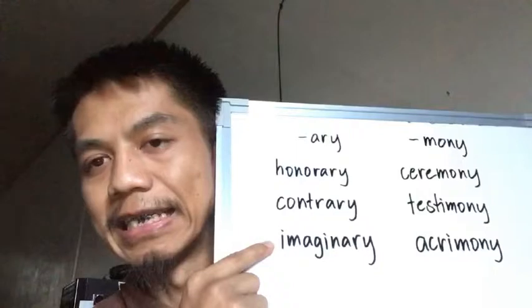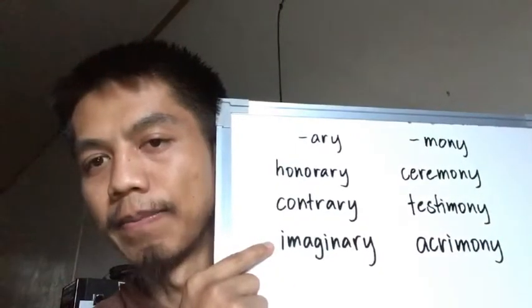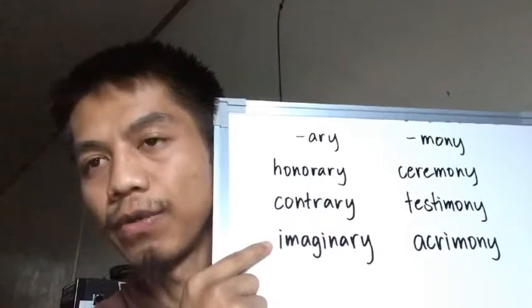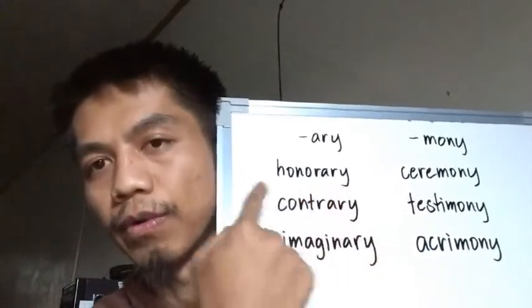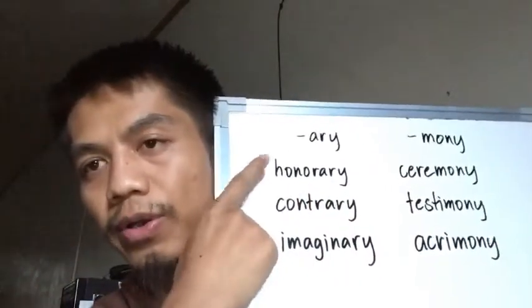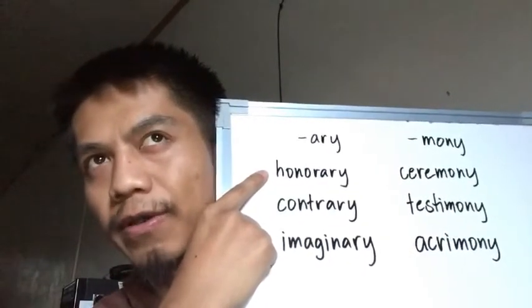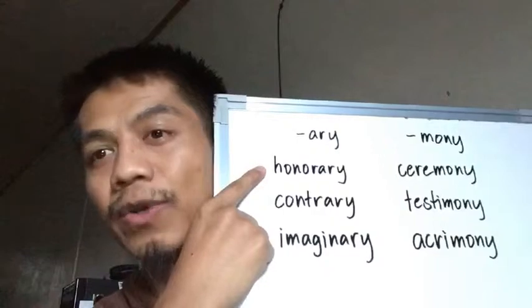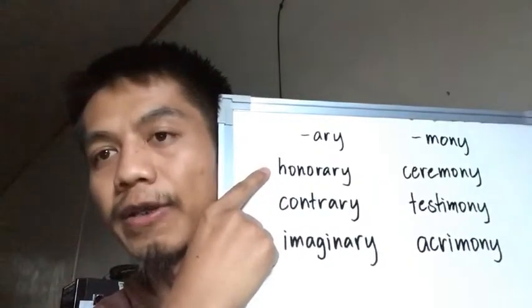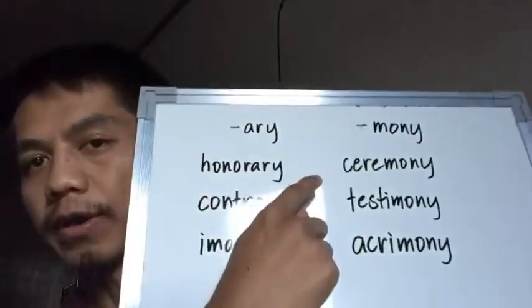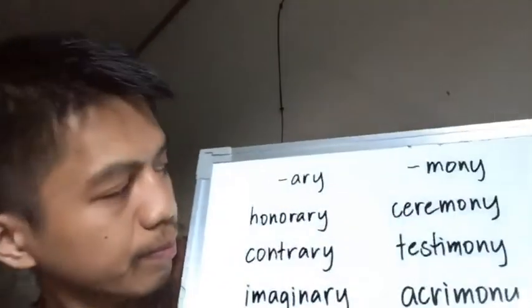Imaginary and imaginary are not the same. Okay, so for this word, it sounds like there are two stressed syllables for American English and one stressed syllable for British English.